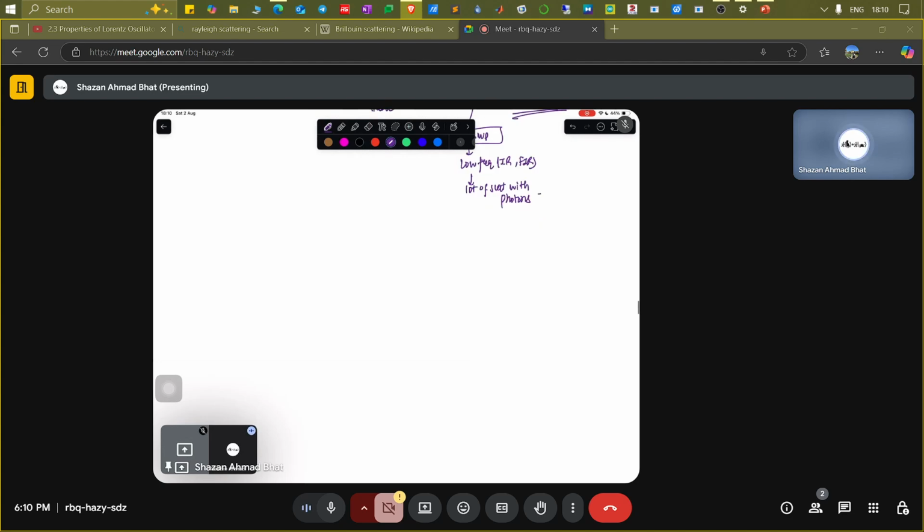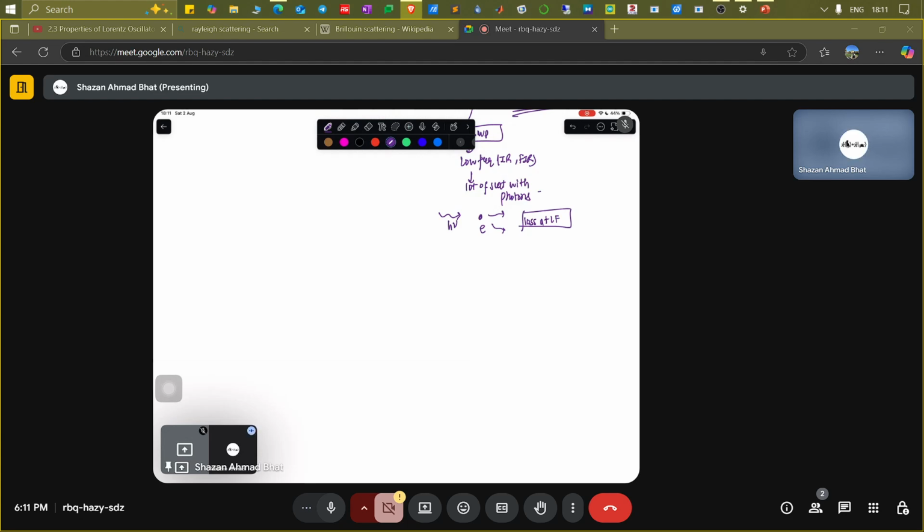So what does it mean? If you have an electron and a photon, an electromagnetic wave, coming in, it scatters off the electron. So there is loss at low frequency. That's what I mean to say.